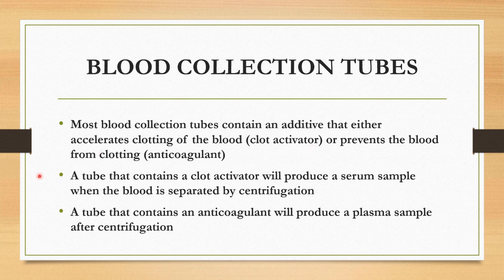So a tube that contains a clot activator will produce a serum sample when the blood is separated by centrifugation, and a tube that contains an anticoagulant will produce a plasma sample after centrifugation.